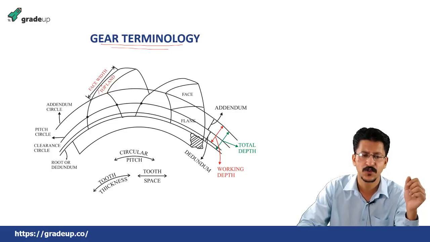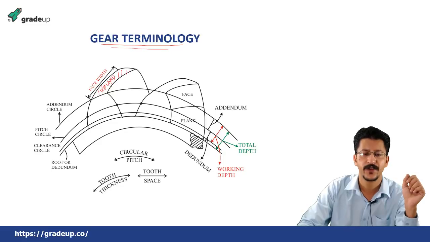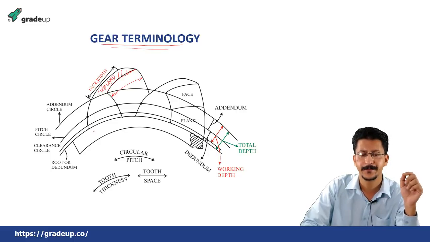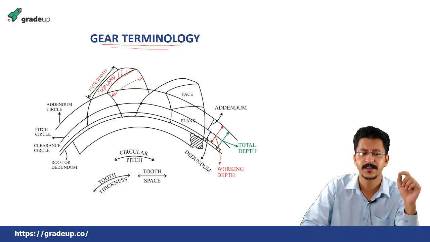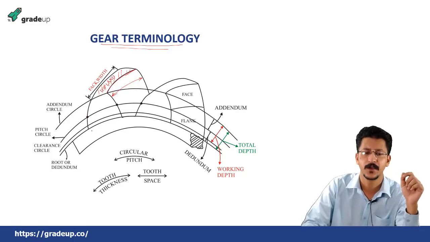This upper portion is known as the top land, first of all, okay. This width from here to here is known as face width, okay. Then the most important in this is this circle, that is known as a pitch circle, okay.